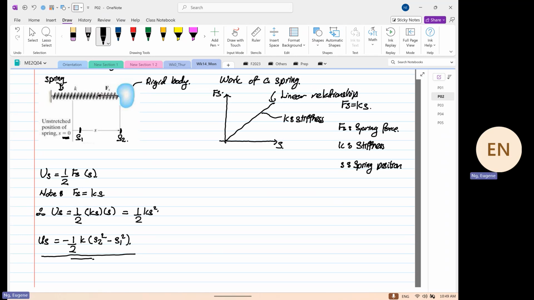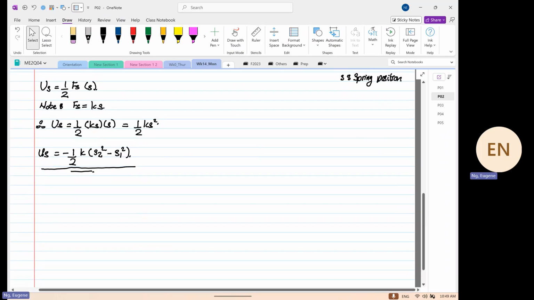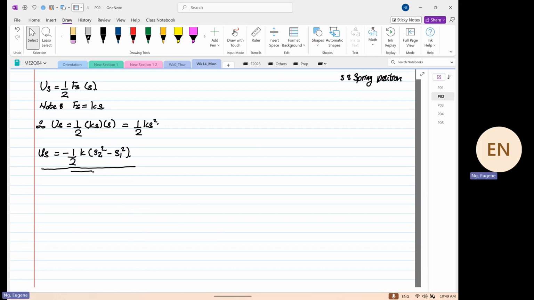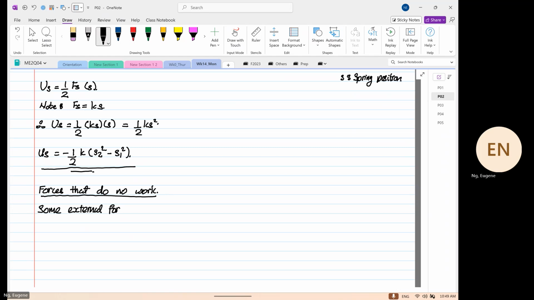Kinetic energy is in terms of T. Work done is what we call U. Now there are forces that do no work. Some external forces do no work.